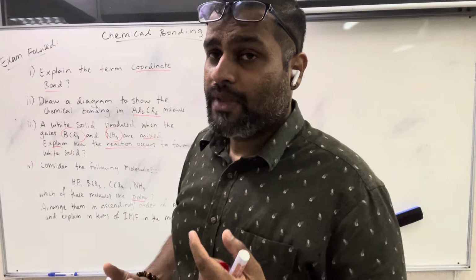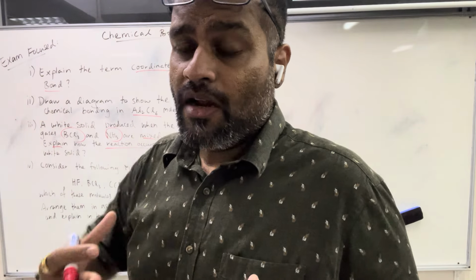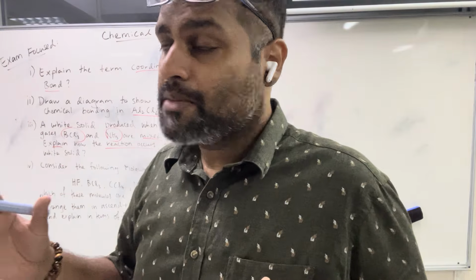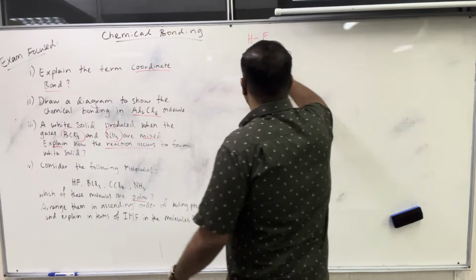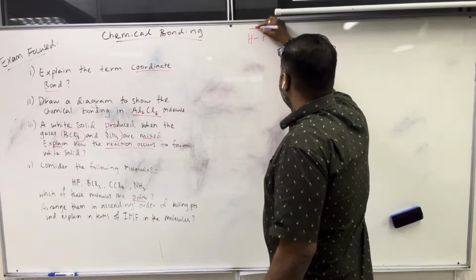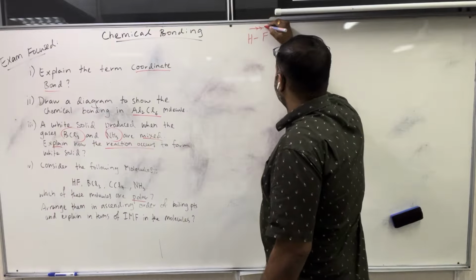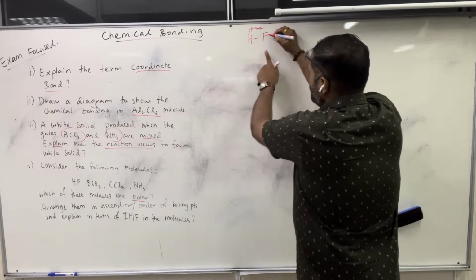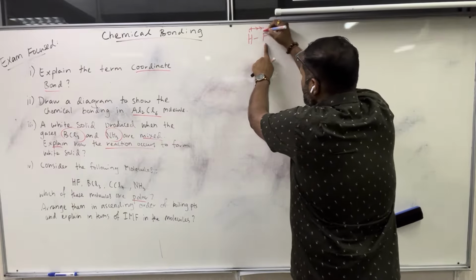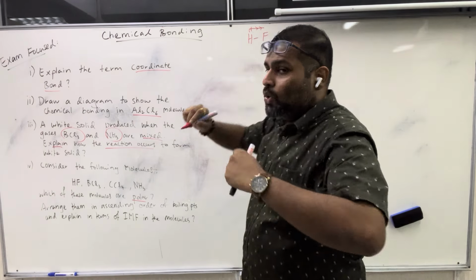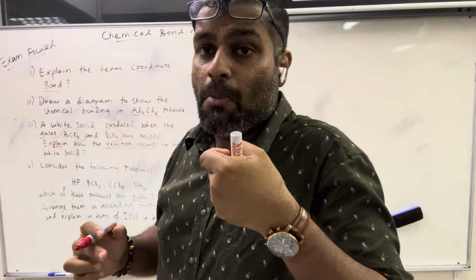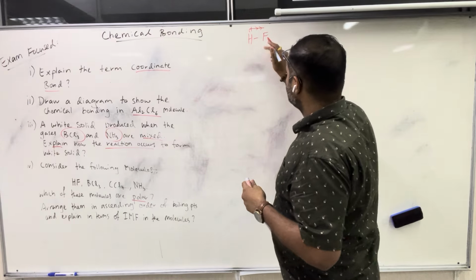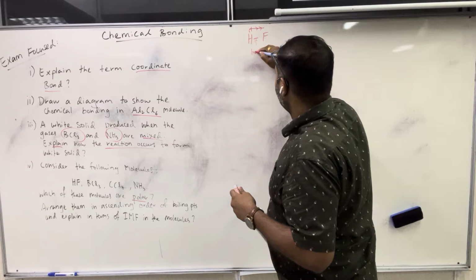Fluorine is very highly electronegative compared to the other atoms, so it is pulling the electron more strongly and closer towards the fluorine atom, which means the bond is polar.